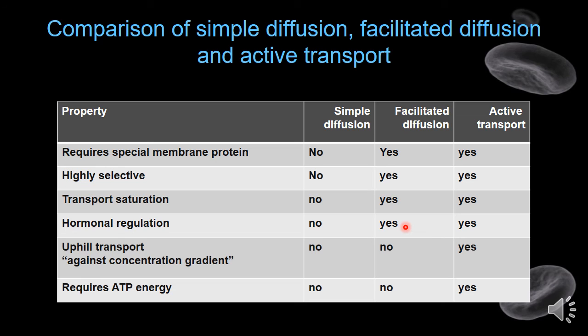If you remember, insulin is increasing the facilitated diffusion of glucose inside the cell from high concentration to low concentration through a carrier. So insulin is needed for facilitated diffusion of glucose from outside to inside.